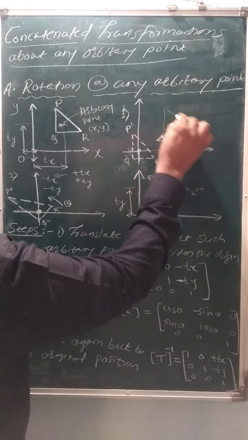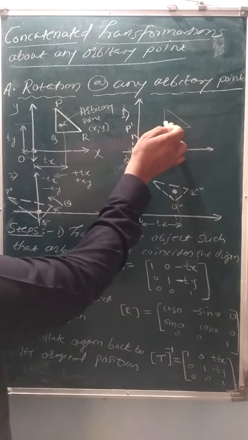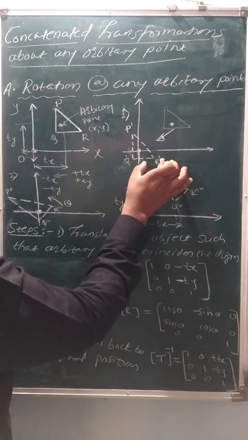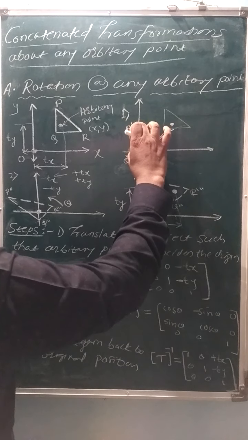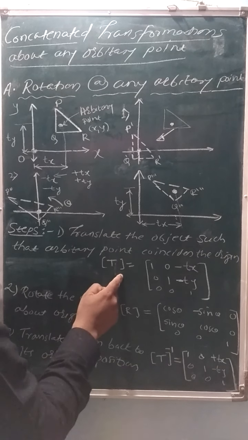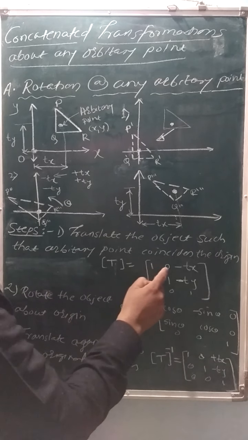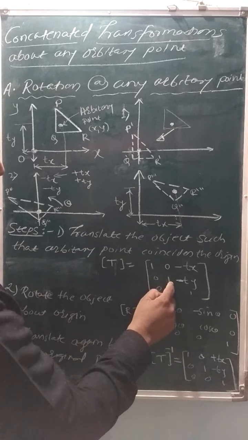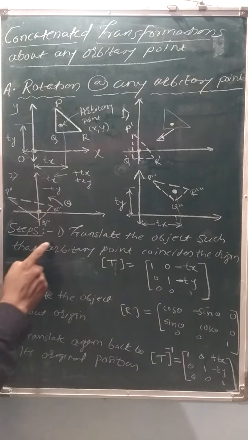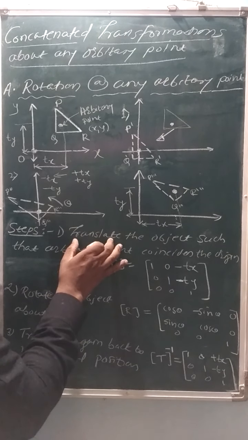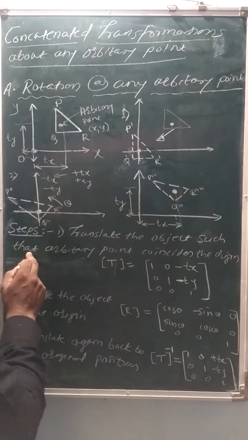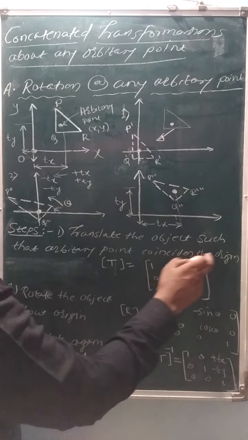This was our original diagram. From here we translated it to here. Then what was the distance? Shifting from here to here means this will be minus tx and this will be minus ty. So that first transformation, the translation matrix, will be T equals 1 0 minus tx, 0 1 minus ty, and 0 0 1. So in the first step we are translating the object such that the arbitrary point coincides with the origin.